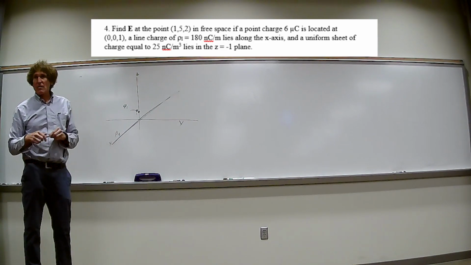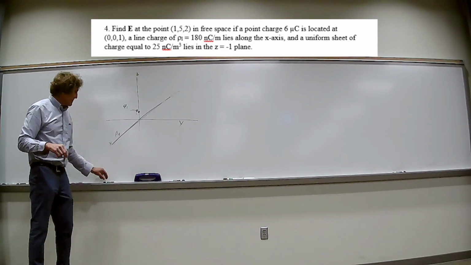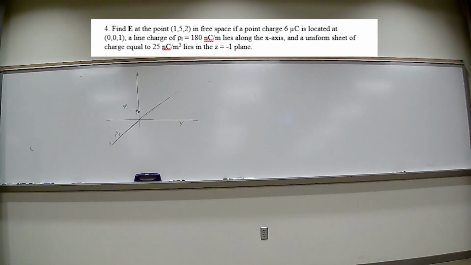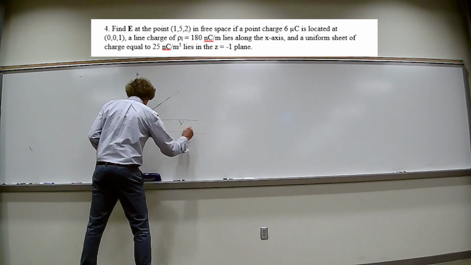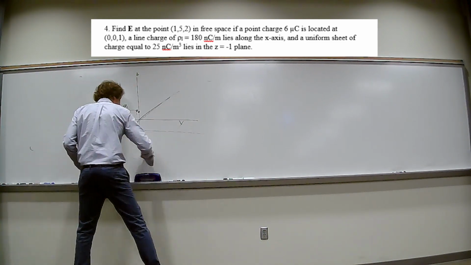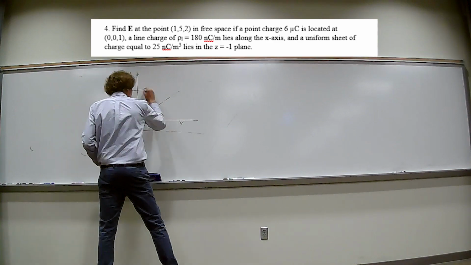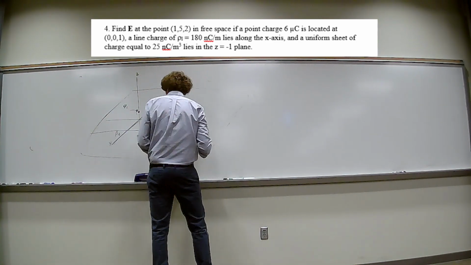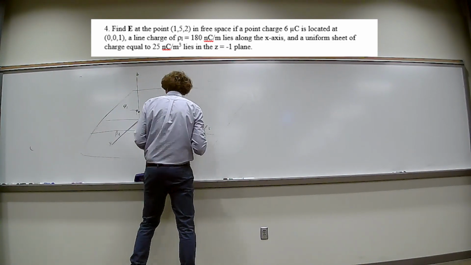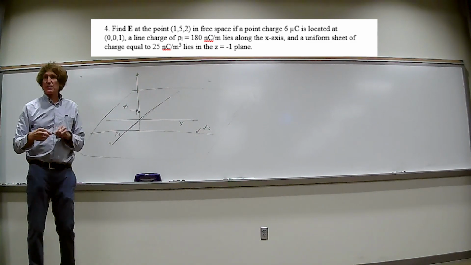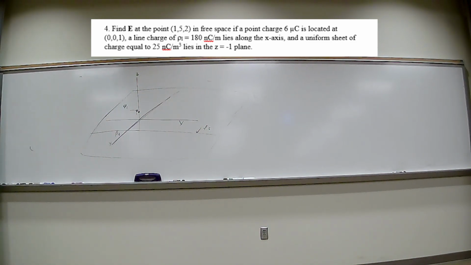Everybody follow me? Try to draw them out. It'll help you. And finally, I have a sheet of charge at z equals -1. So that's in the xy plane. So I have a sheet of charge down here, and this has a value of rho S. And then we want the electric field at position 1, 5, 2.